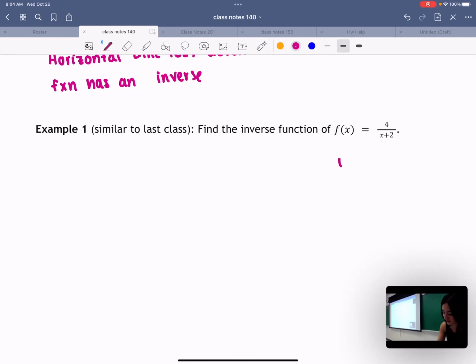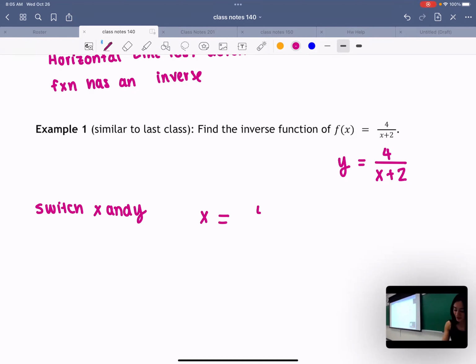We all know that f of x is another way of saying y. Okay, so that's how we go about this first. And then of course, if we want to switch x and y, wherever I see a y, I'm going to write an x. And whenever I see an x, I'm going to write a y.